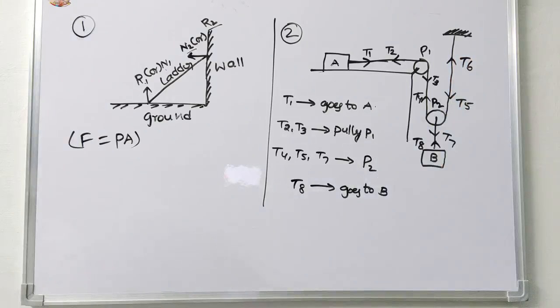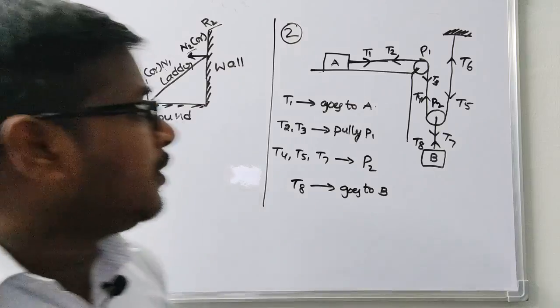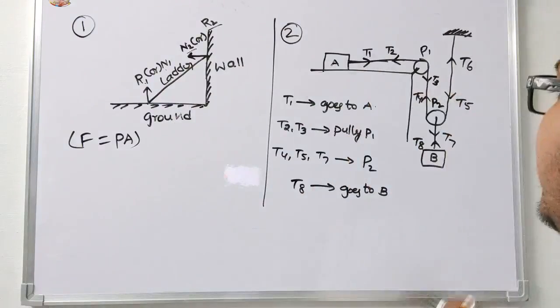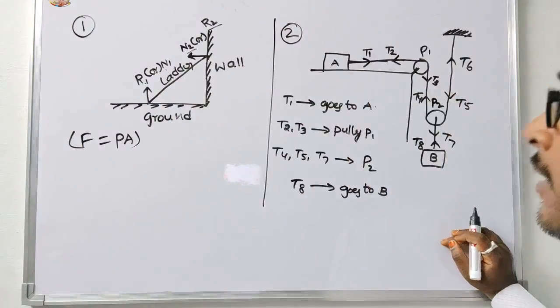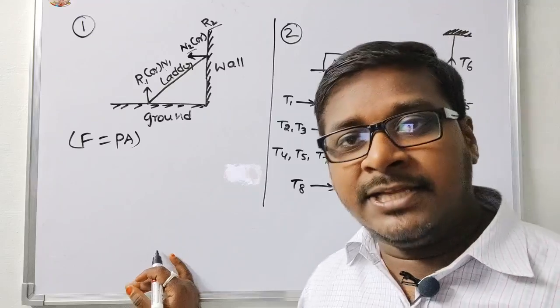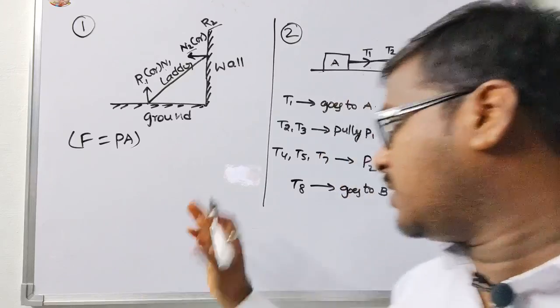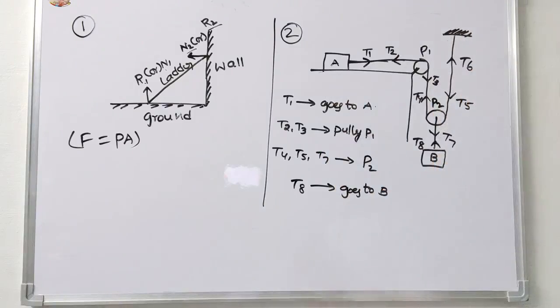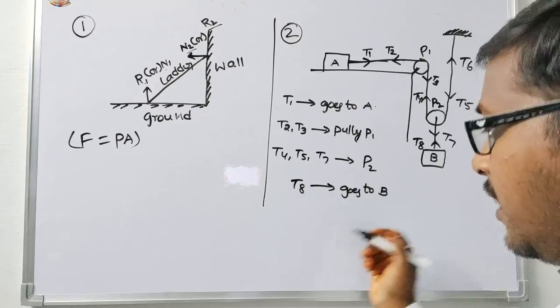If the string and pulleys are massless and there is no frictional force acting between the pulley and string, the tensional forces are equal. I already discussed the first two conditions for this second application in the previous lecture.